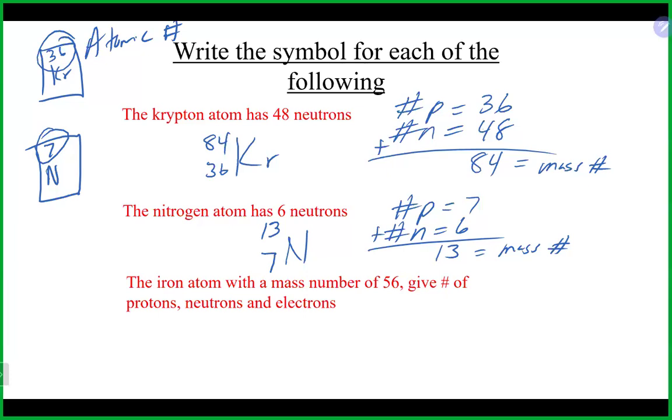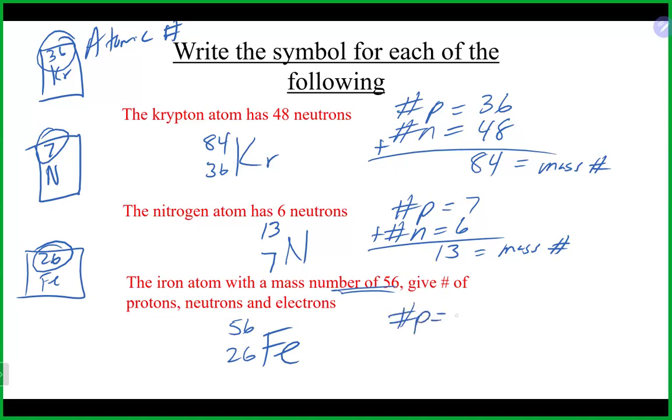Lastly, it's iron, right there, number 26 on the periodic table. And here we're actually given the mass number. So to write our symbol here, it would be 56 on top and 26 there on the bottom. They also wanted the number of protons, electrons, and neutrons in this case. So our number of protons would be our atomic number, which would be 26.